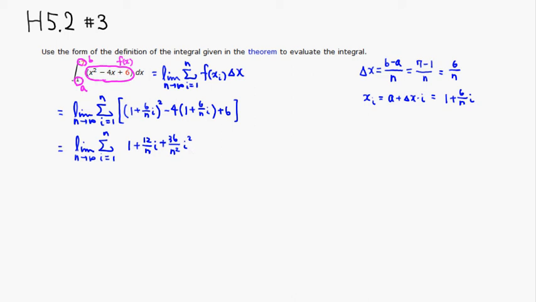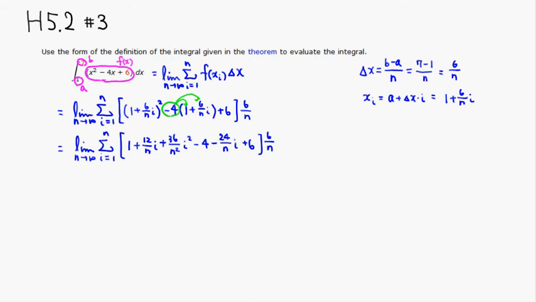Then we distribute negative 4 to 1 and 6 over n i, so negative 4 minus 24 over n i, and then plus 6. Okay, I actually forgot something: I forgot to do delta x. Delta x is 6 over n, so we have 6 over n right here.